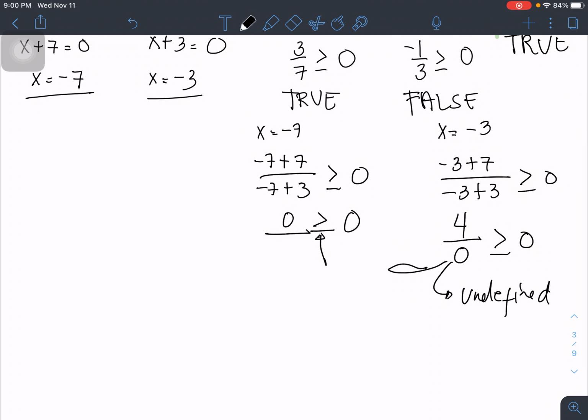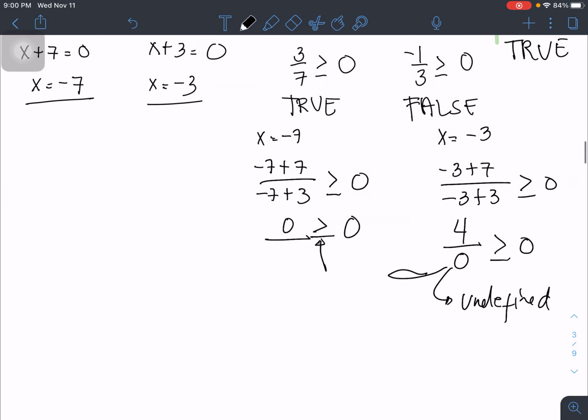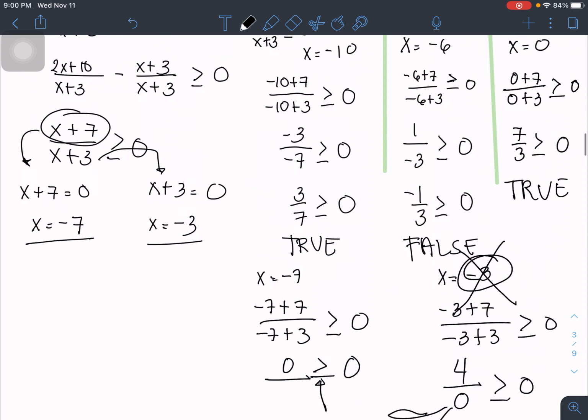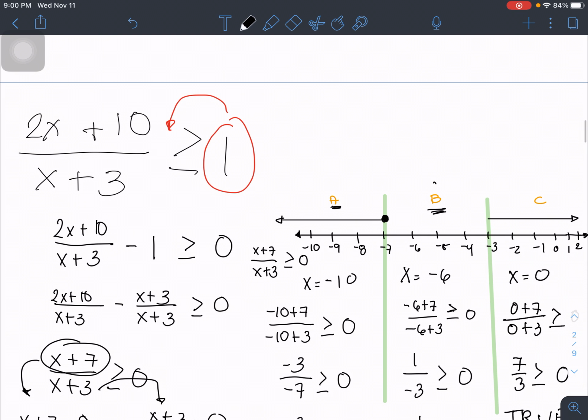So there will be an undefinable answer. So negative 3 should not be included in the set of values. So I will not include negative 3, so it will be best to place an open circle here.